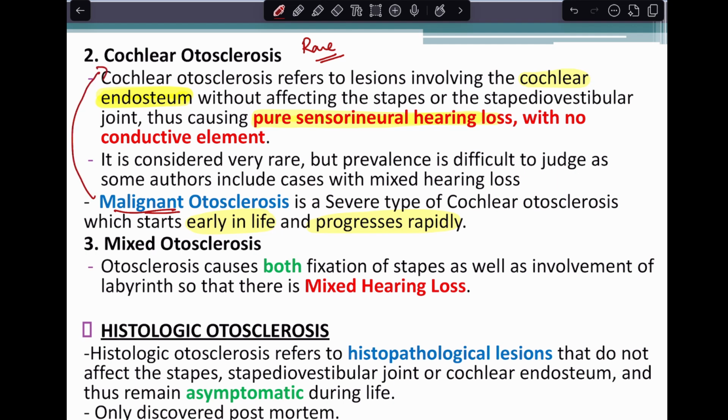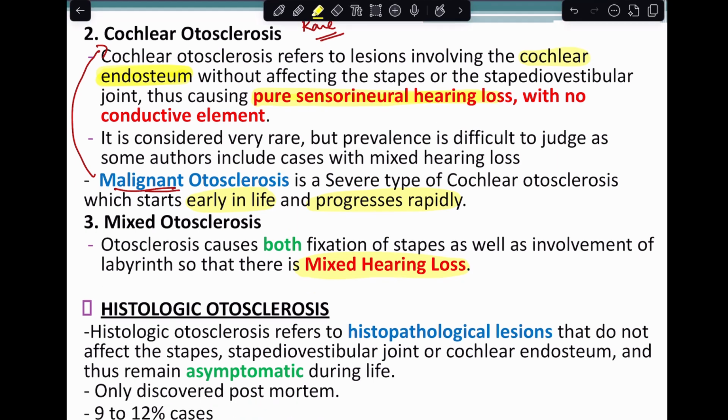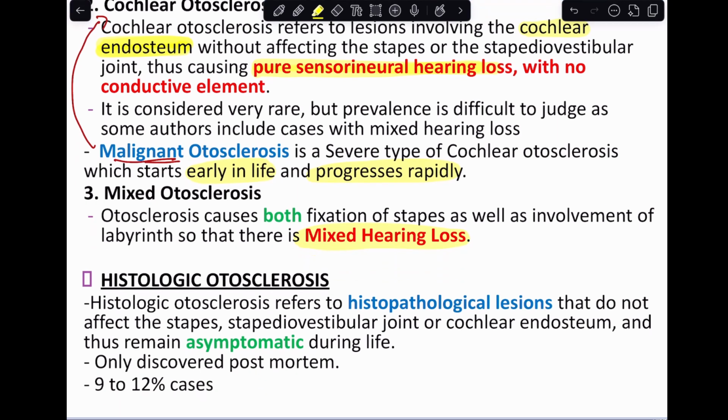And the third clinical type is mixed otosclerosis, where the lesions are not only involving the stapes but also the cochlea as well. Therefore, the presentation over here would be a mixed kind of hearing loss. Lastly, is the histologic otosclerosis, where we are seeing histopathological lesions which affect the stapes, the stapediovestibular joint, or even the cochlear endosteum.